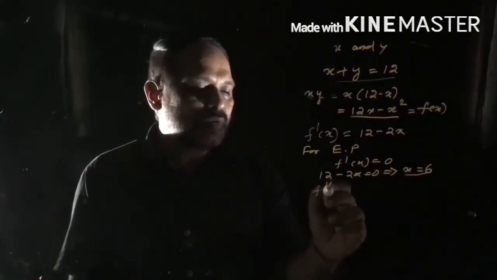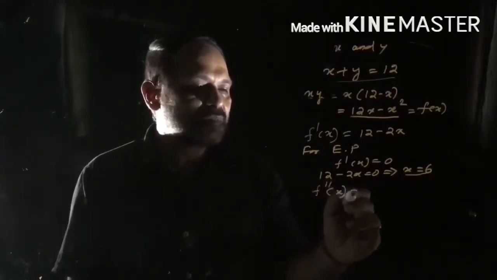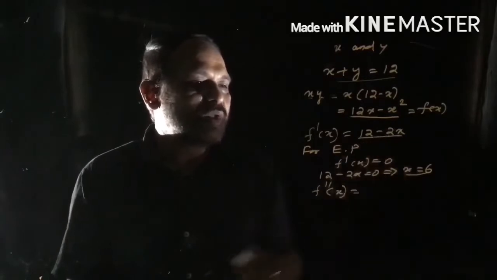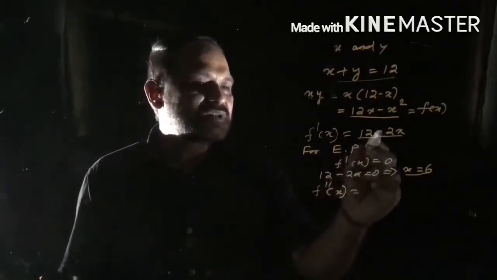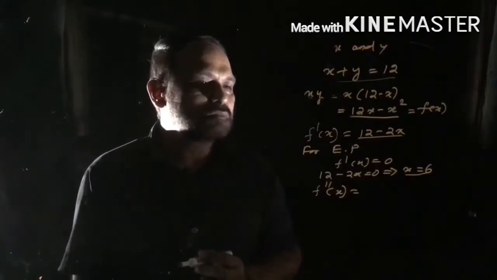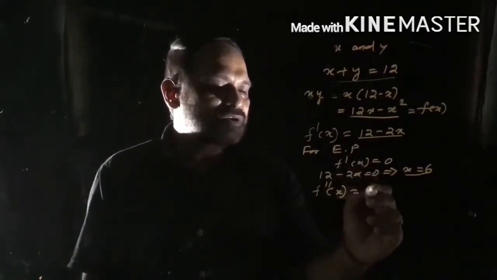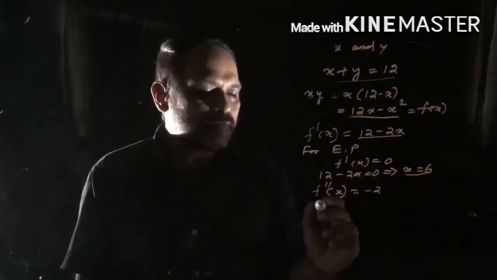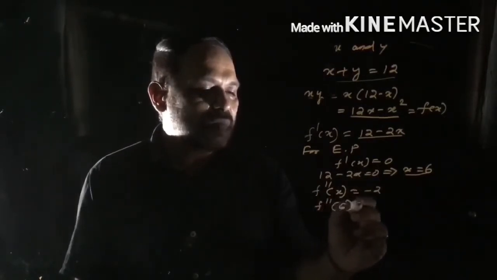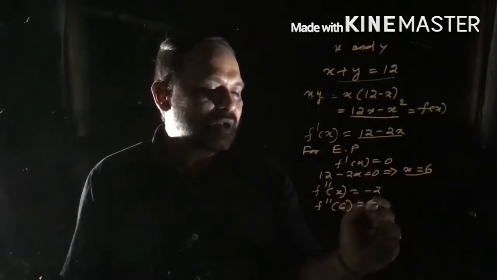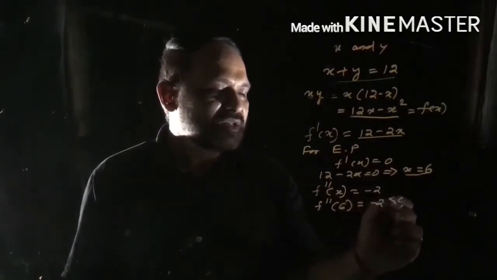So find the value of f''(x). Here f'(x) is 12 minus 2x. Then f''(x) is equal to minus 2. Then put the value of the extremum point at x. f''(6) is equal to minus 2, which is less than 0.